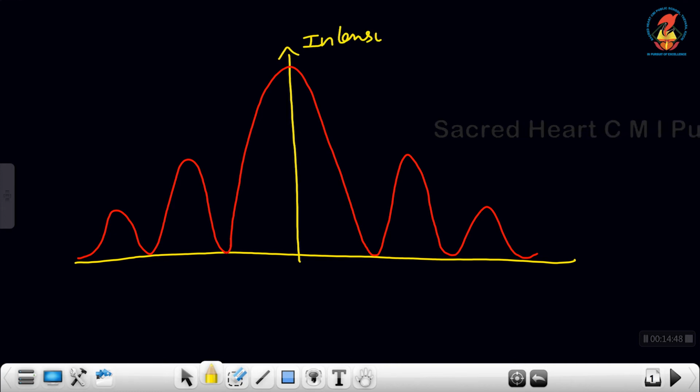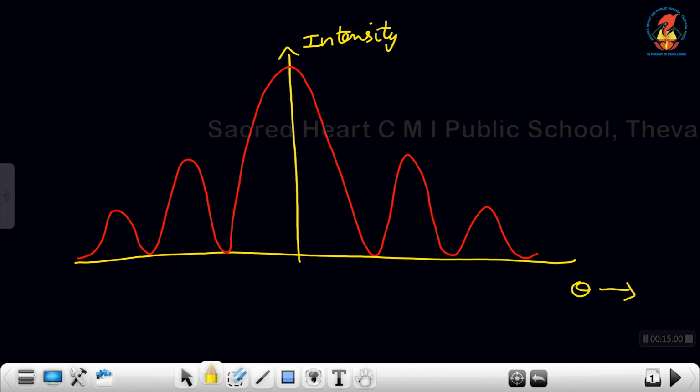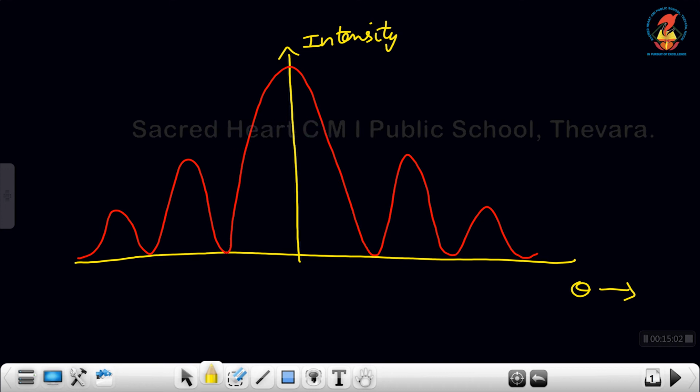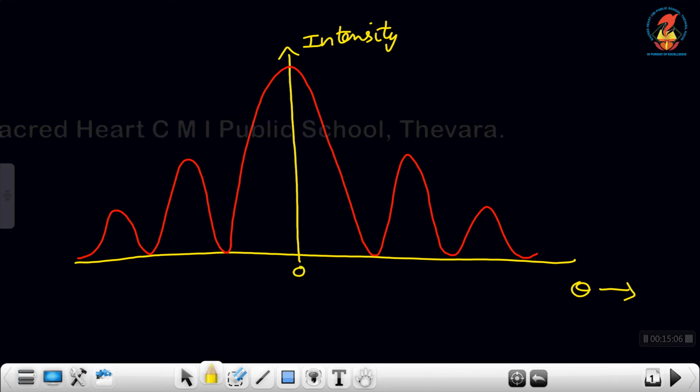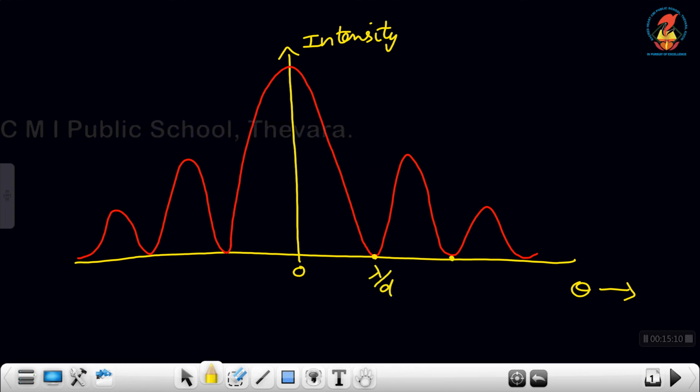Here I am marking intensity, and here the angle theta. This is the central point O, and here theta is equal to lambda by d at this point. At this point it is 2 lambda by d, and here 3 lambda by d.